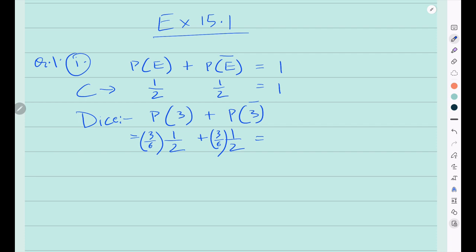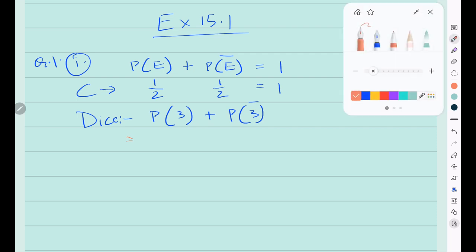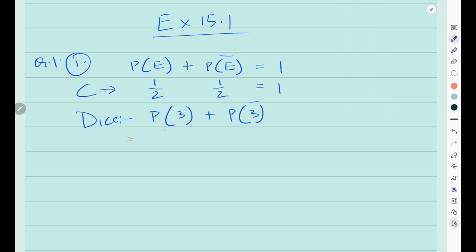No, 1 by 6, sorry. I said it a little wrong here. Probability of getting 3 is actually 1 by 6.